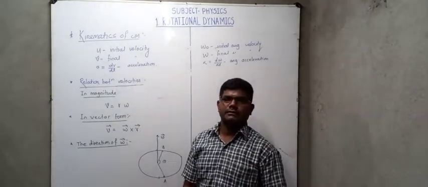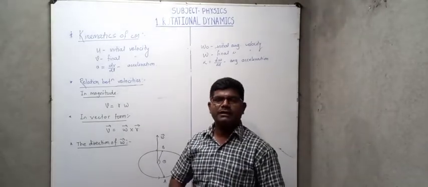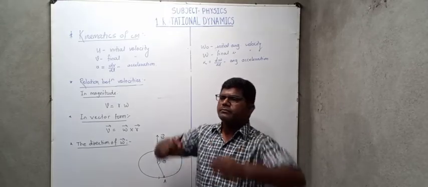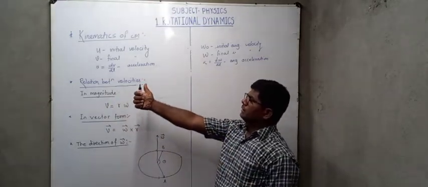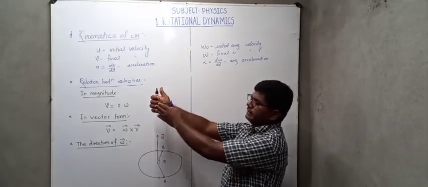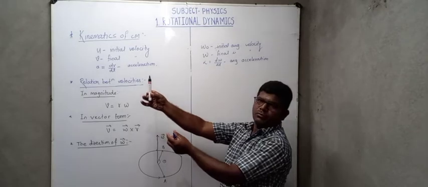We know the right hand thumb rule. This is a right hand, and this will be considered the axis of rotation.